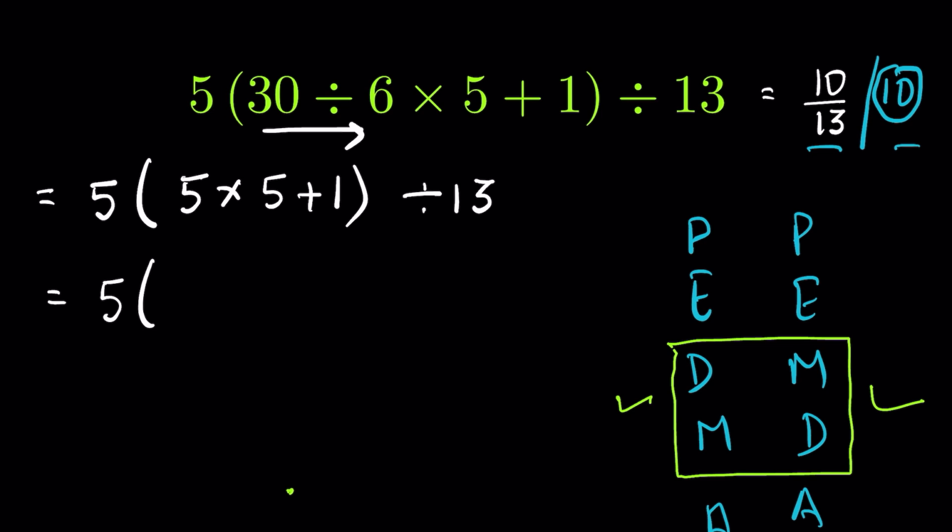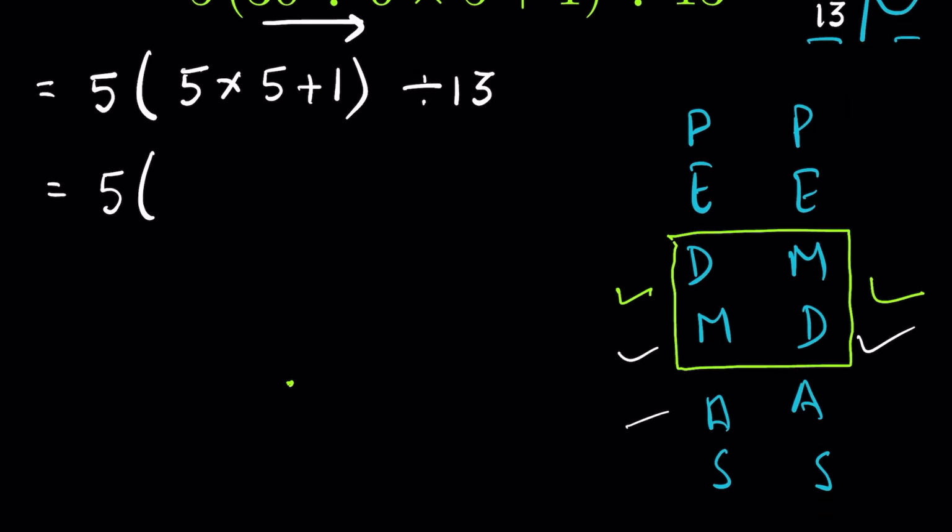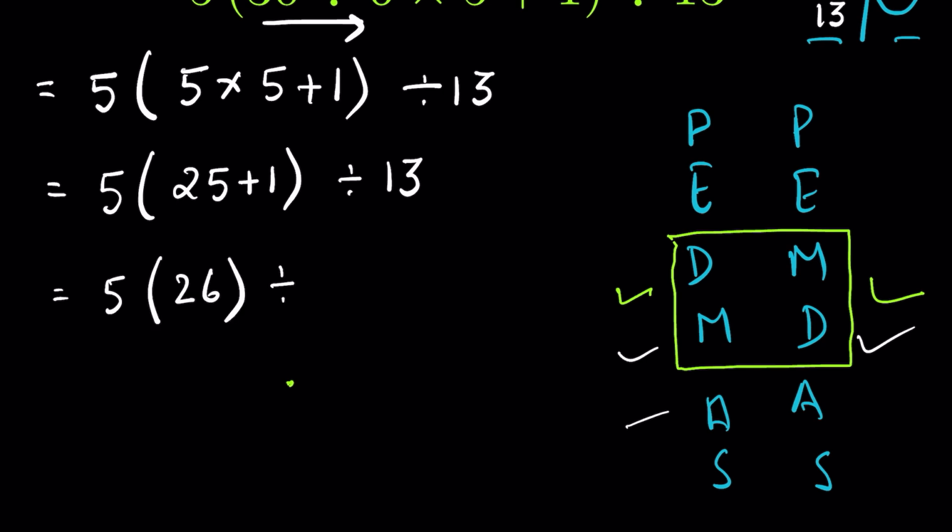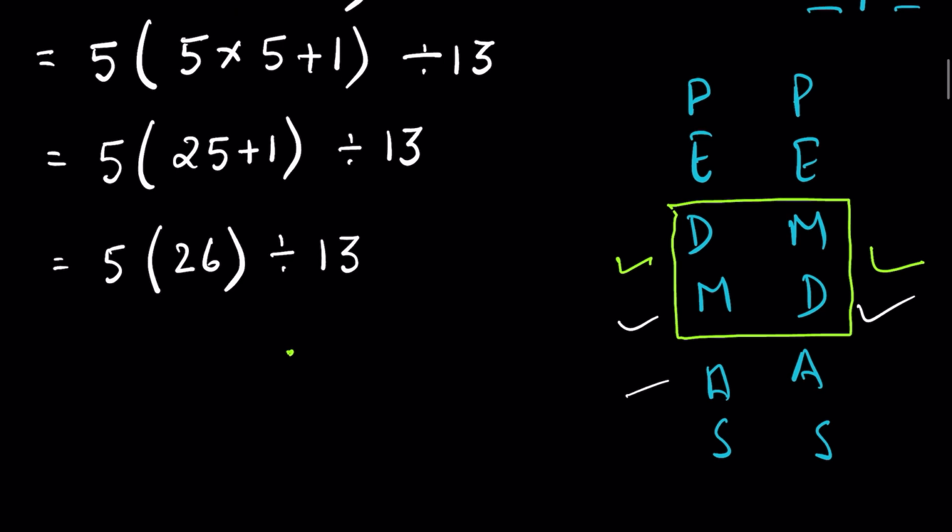Now multiplication will always come before addition, so 5 times 5 is 25, plus 1, then divided by 13. Now 25 plus 1 is 26, then divided by 13. Now this parenthesis is not an operation, it's just a way of writing multiplication. So we can also write it as 5 times 26 divided by 13.